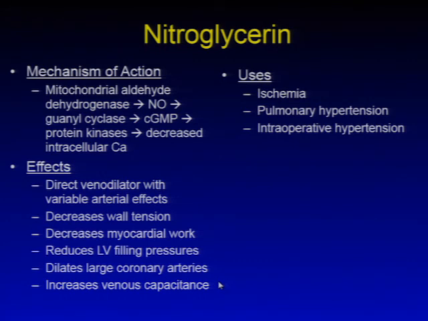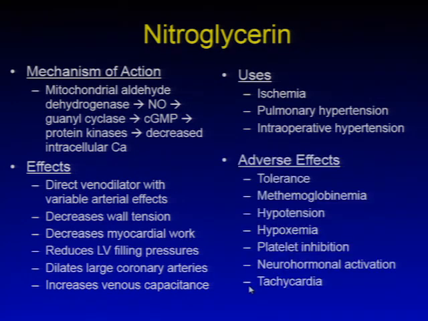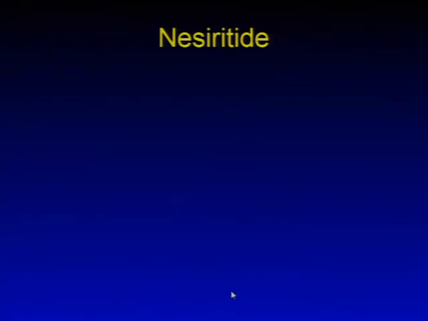Uses are also pertinent in patients with pulmonary hypertension or in the ICU or intraoperative setting with hypertension. Adverse effects are that patients can develop a tolerance requiring higher doses, methemoglobinemia, as well as over long term there can be platelet inhibition or activation of the sympathetic system.